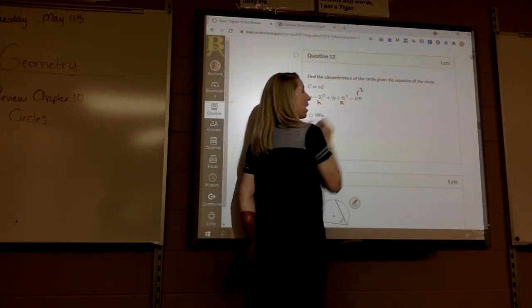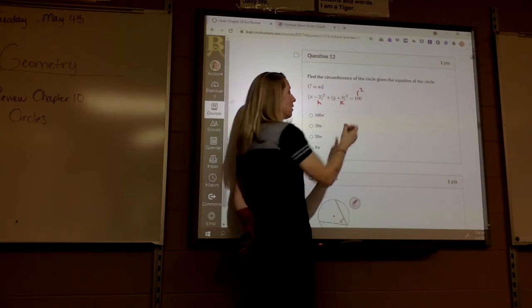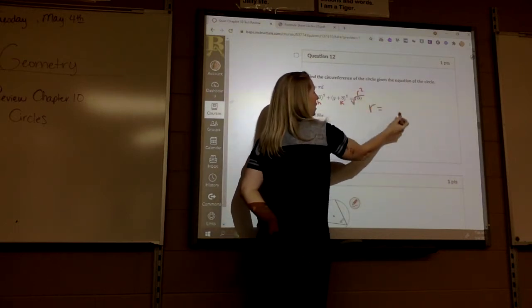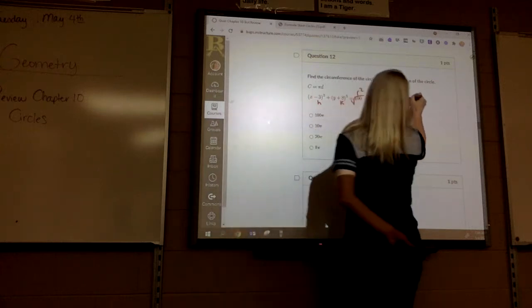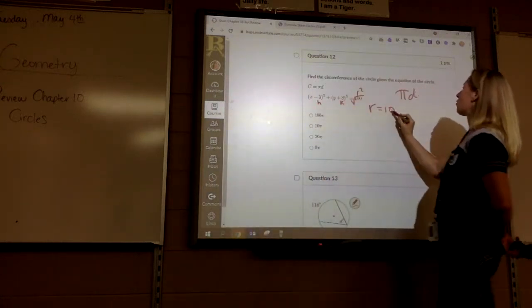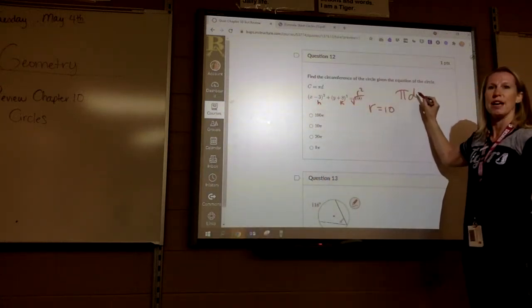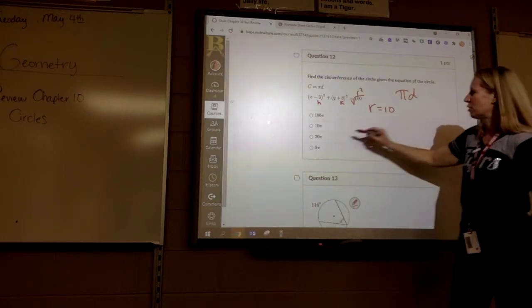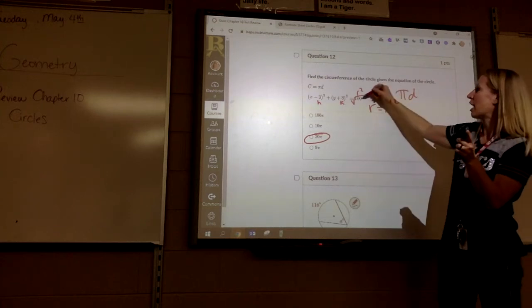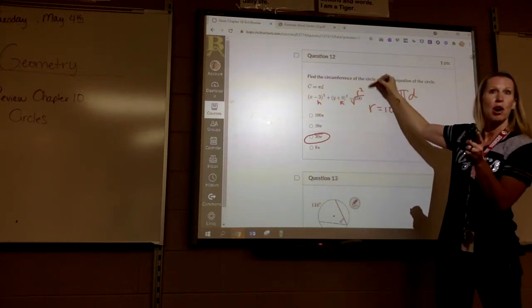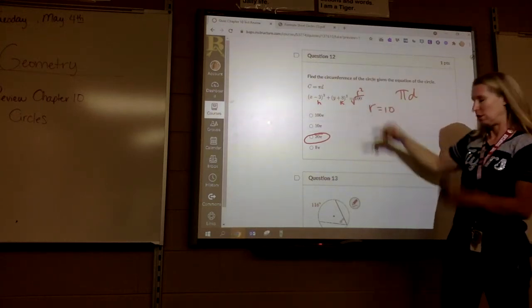That's the radius squared. So could I find the radius? What would the radius be? 10. So circumference is pi times diameter. If the radius is 10, what would the diameter be? 20. So it would just be 20 pi. You'll have one like that on the test, so you're going to have to make sure you just use this part of that equation of the circle.